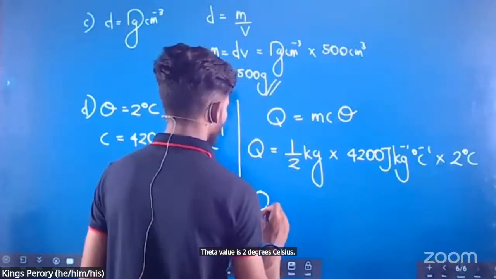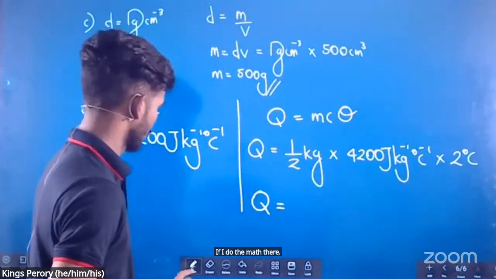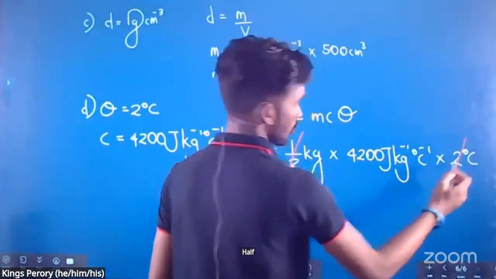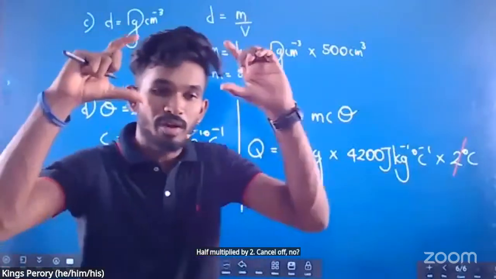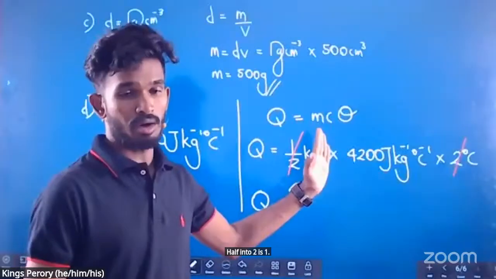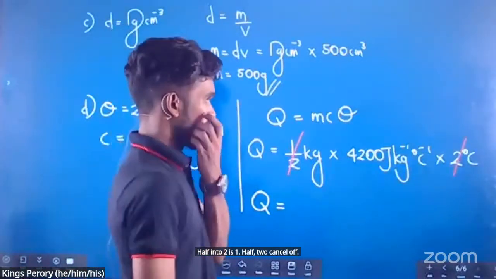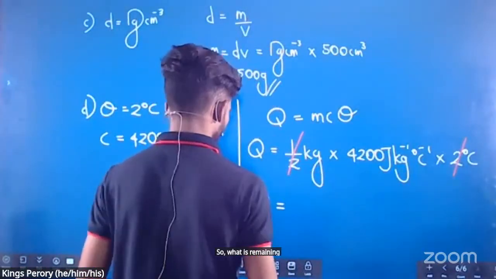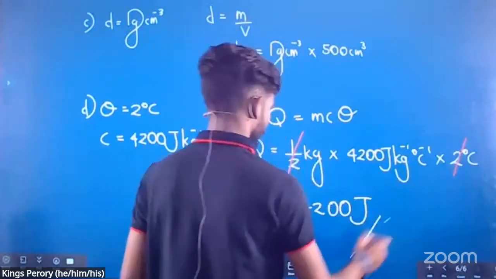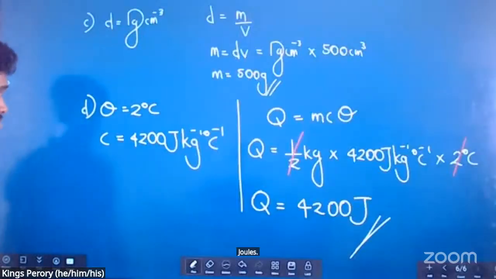So if I do the math there, half multiplied by 2, cancel off, no? Half and 2 will cancel off. Half into 2 is 1. So what is remaining is 4200 joules.